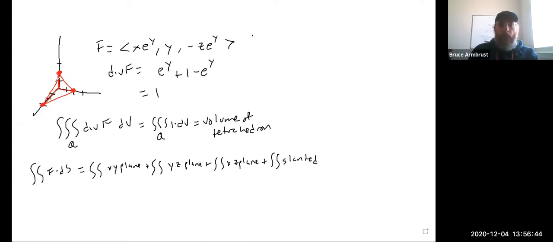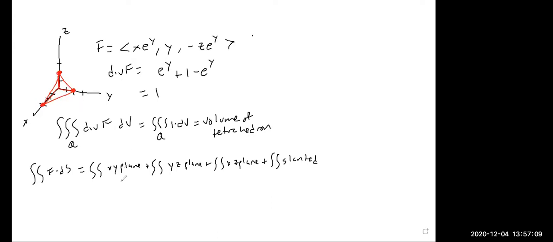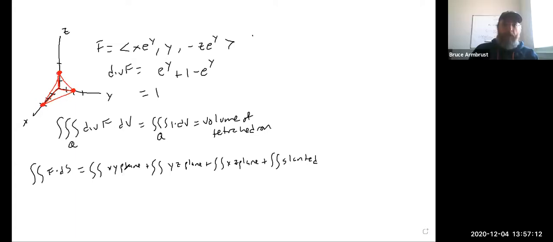For the one in the XY plane, that's the triangle on the bottom. In terms of its normal vector, what normal vector are we going to use there? 0, 0, -1.